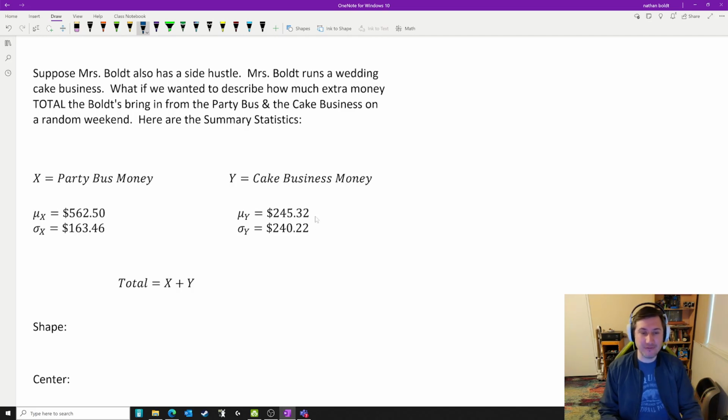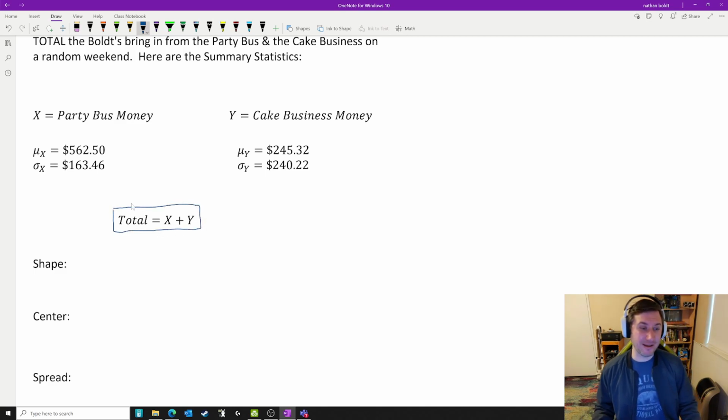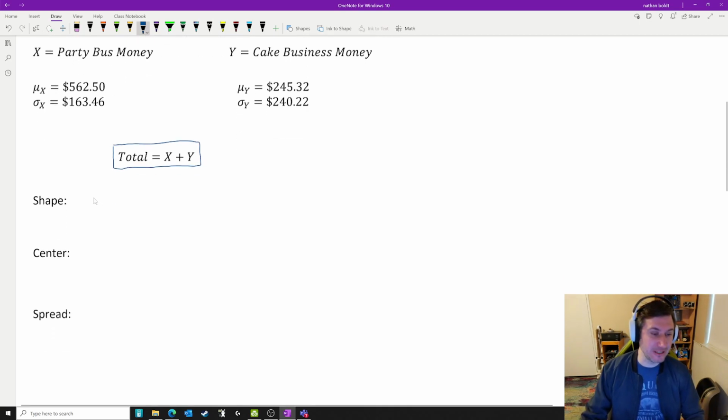But there is the average and standard deviation of the cake business. How much total are the Bolts going to bring in on a random weekend? That's going to be this random variable right here. The total is equal to X plus Y. Now we're going to add these two random variables together.